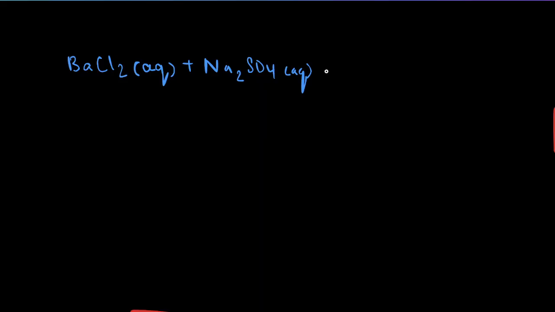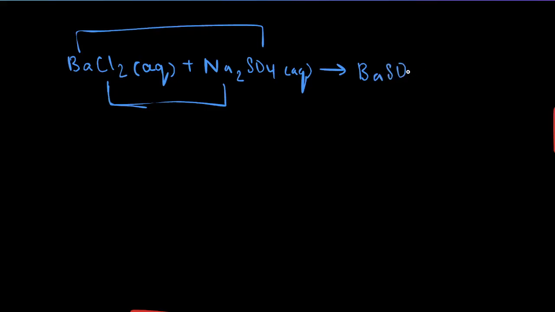And this is actually a double replacement reaction. And so that means that your barium here is going to go with your sulfate, and your chloride is going to be combining here with your sodium. And so that'll end up giving you barium sulfate, which is actually a solid.